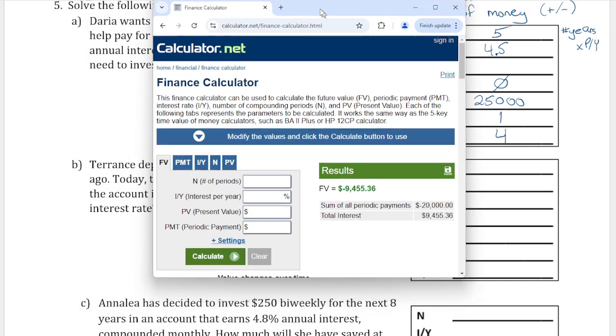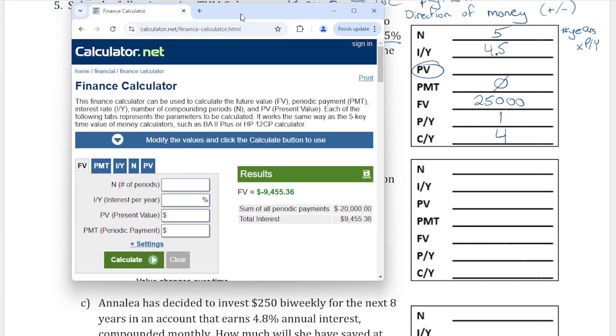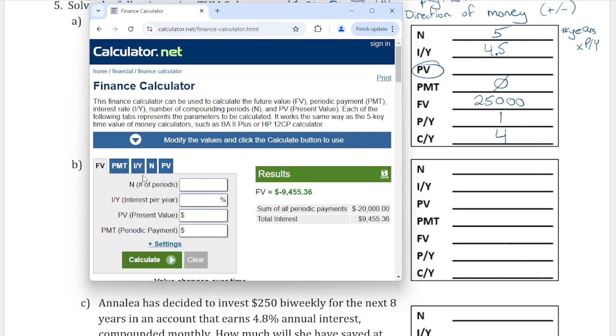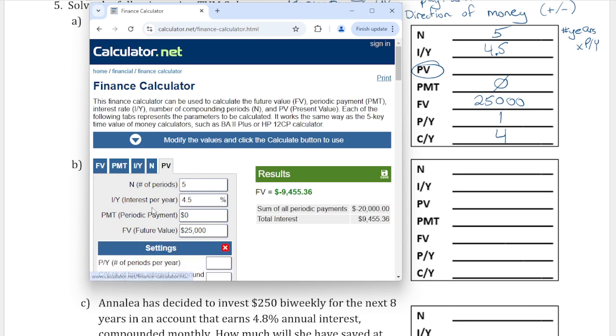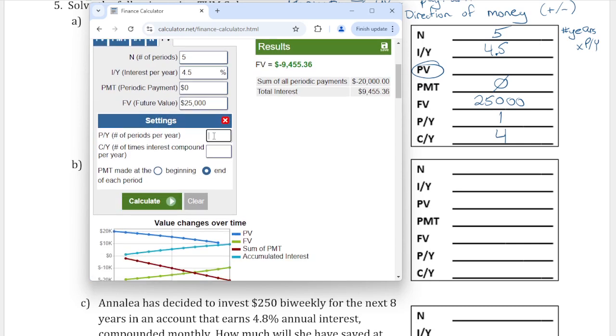So we'll go get our finance calculator. We are solving for PV. How much do we need right now? N is 5 payment periods, I is 4.5%. Periodic payments is 0. Future value, we want $25,000. Payments per year is 1.